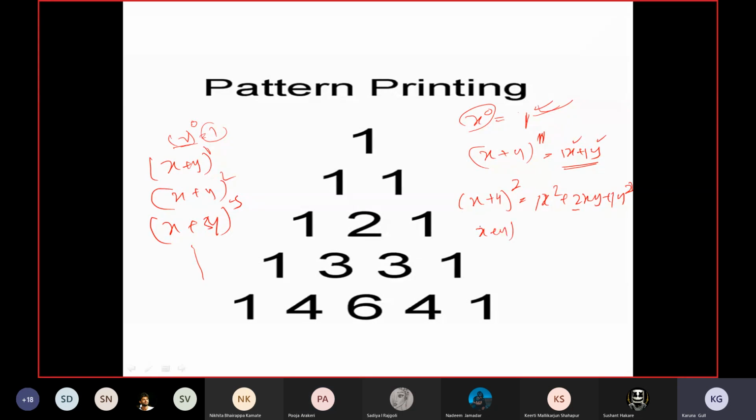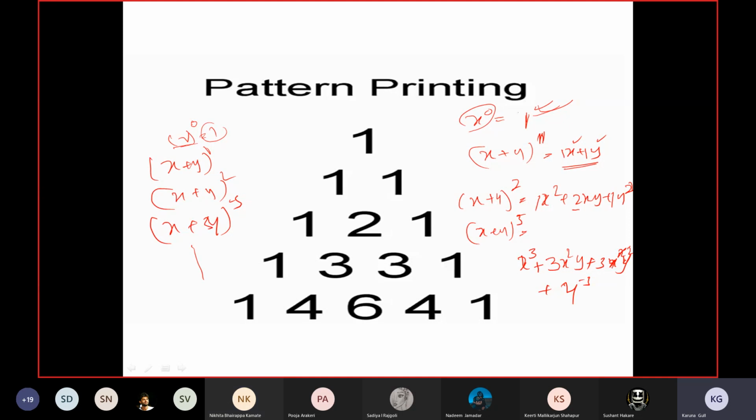x plus y raised to cube. How do you expand this? x cube plus 3x square y plus 3xy square plus y cube.